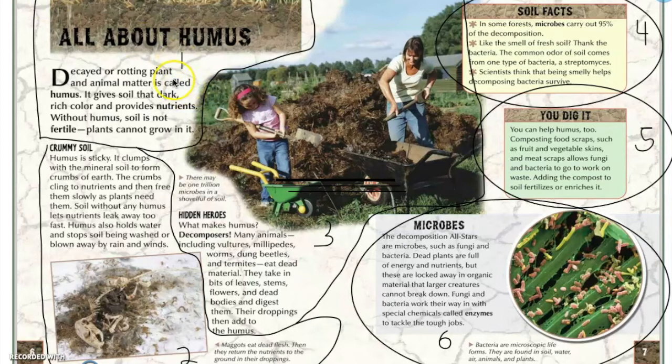This is part 1, this is part 2, part 3, and you can also use the photograph. Part 4 is a caption, part 5 is a caption, part 6 is a caption photograph. So as you read each section, you can cite or say where you found the evidence to support what you say.